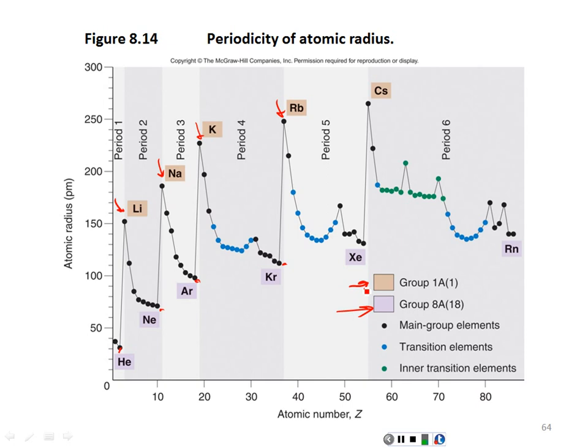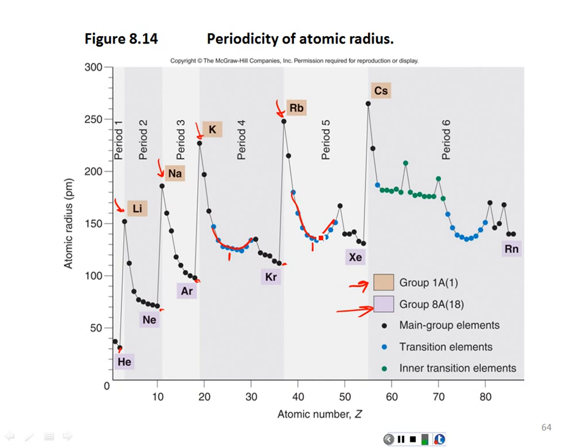When we look at the blue, the transition elements, there is a slightly different pattern. And why is that? Well, that's due to the stability of the half-filled D shell. As they get closer to that half-filled D shell, they get smaller. But then as you add electrons after that, they're not held as tightly and they become bigger.